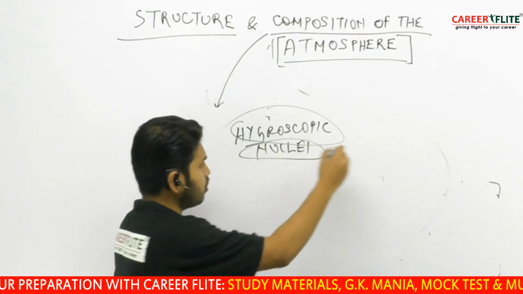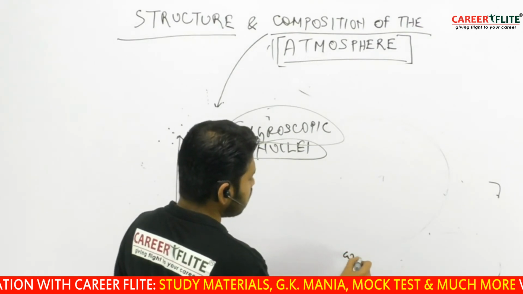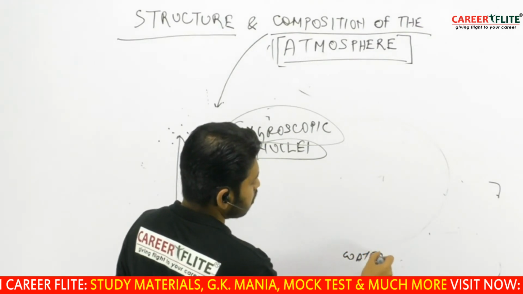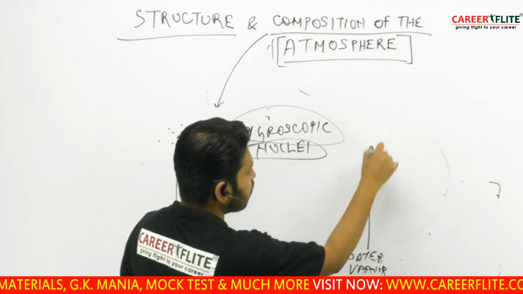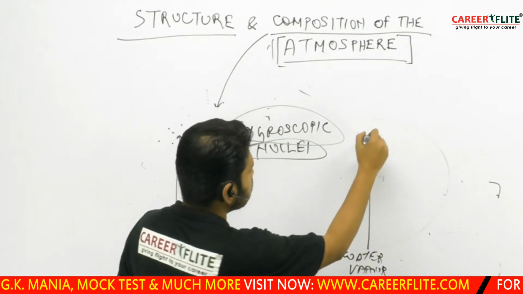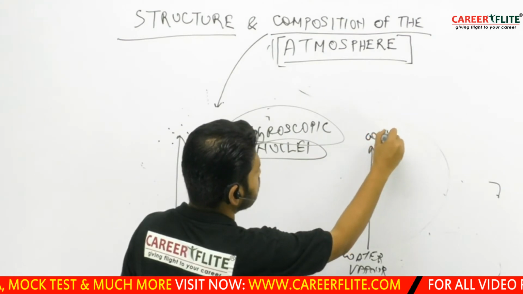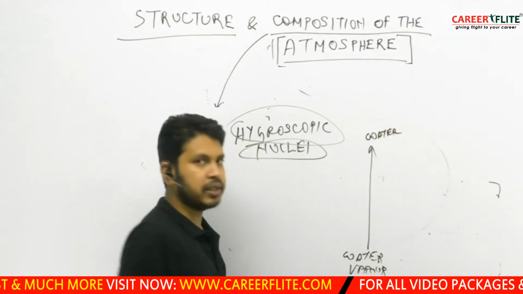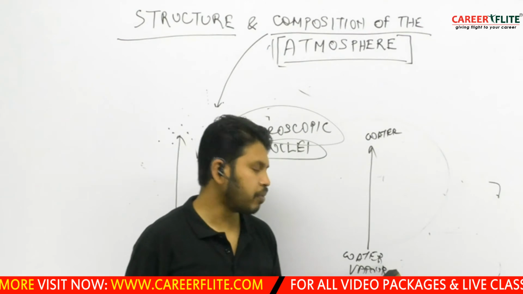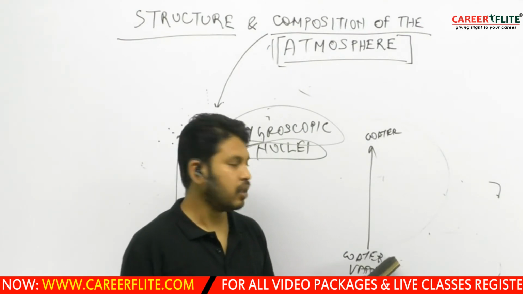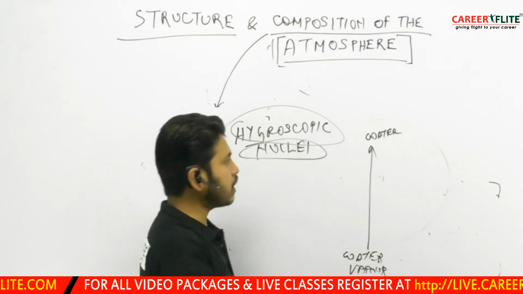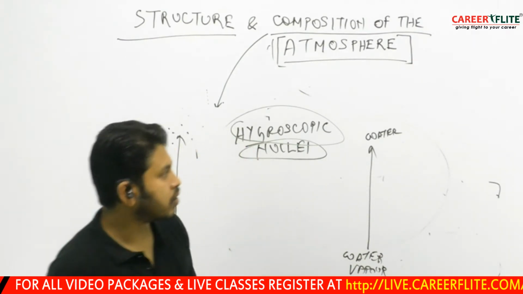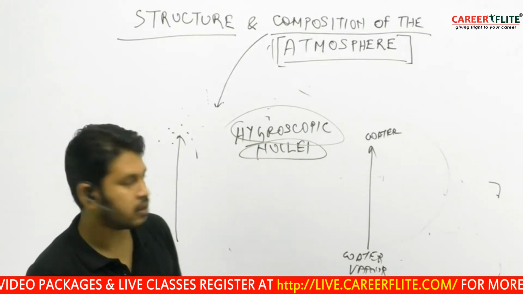So once the water vapor near the surface of the earth reaches the upper part of the troposphere, it will become water because of the decrease in temperature. As we increase the temperature, the amount of water vapor increases. As we decrease the temperature, the amount of liquid increases. If we keep on decreasing the temperature, this liquid water will again get converted into solid ice.